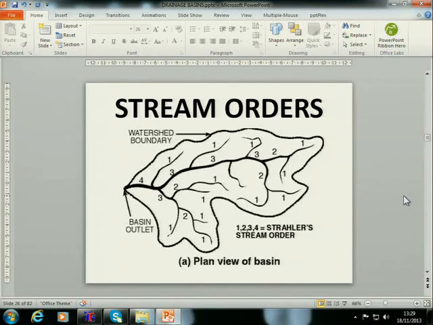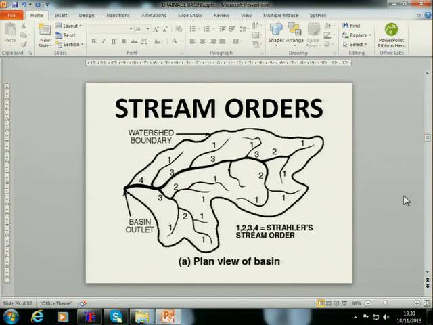The moment that two number 1 streams flow together, like you have at the bottom, right above number A, where it says plan view of a basin, look right above that. There we have two one-order streams. Those one-order streams flow together and they create an order 2.